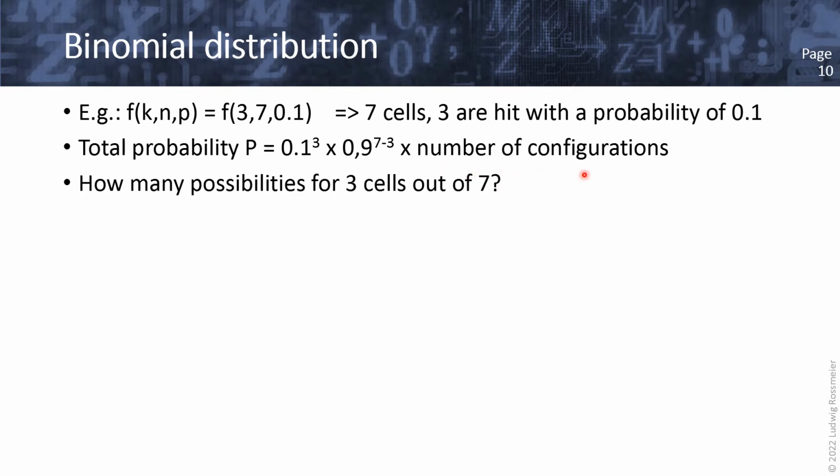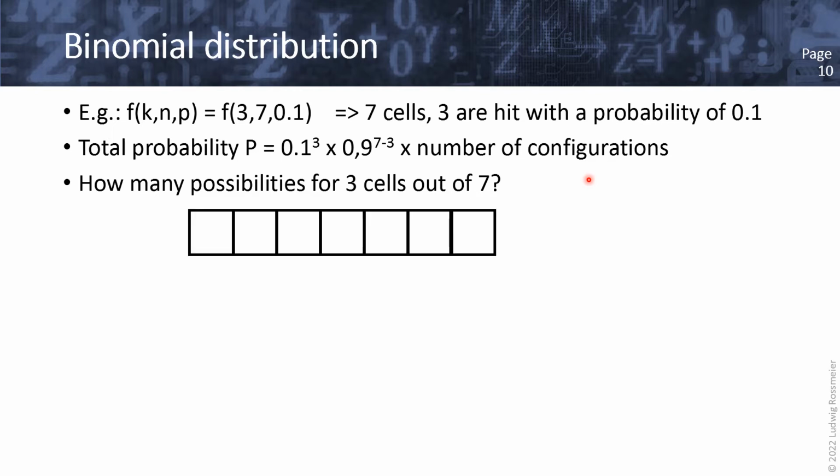How many configurations are there, or how many possibilities for 3 cells out of 7? I painted here 7 boxes and the 3 cells for which we want to count the number of configurations. Let's start with the blue one, which I distribute to one of the 7 boxes. It could be put to the first, to the second, third, and so on place.